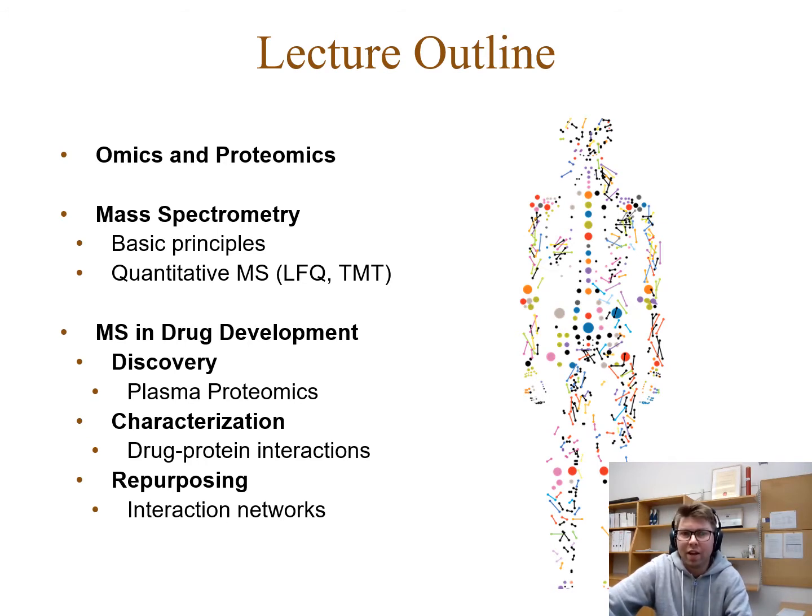And I will then finally go into 3 examples where quantitative mass spectrometry is used for the discovery, characterization, and repurposing of drugs. And the examples will relate to plasma proteomics, drug-protein interactions, and protein-protein interaction networks.